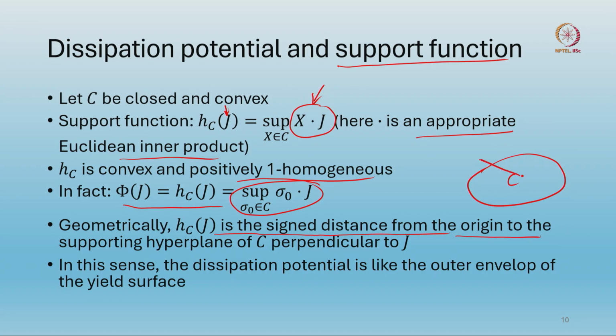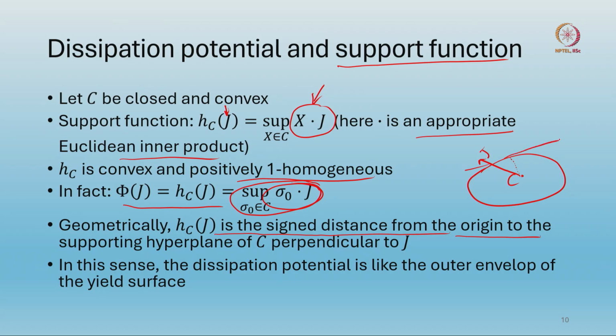Then you have to go to this supporting hyperplane such that, in order to ensure that this product is the maximum, sigma_0 must act in such a way that it is normal to this supporting hyperplane here.